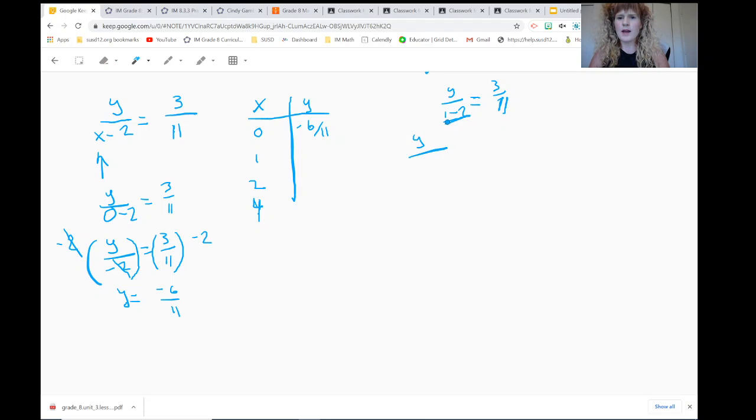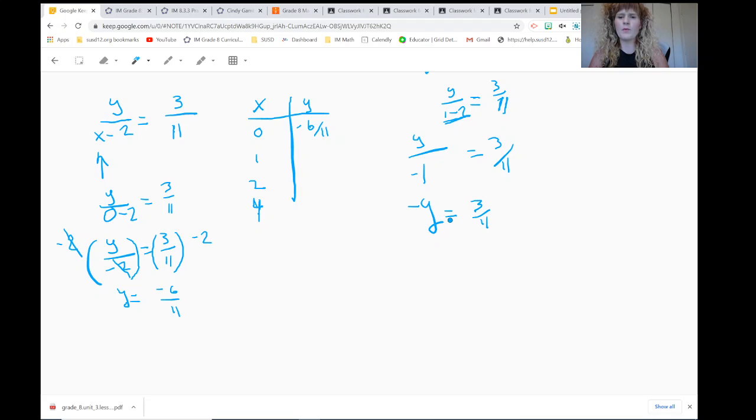So 1 minus 2 is negative 1, so y over negative 1 equals 3 over 11. Okay, let's simplify this. What is y divided by negative 1? Anything divided by negative 1 is the negative of the number. So negative y equals 3 over 11. Now, I don't want to know what negative y equals.